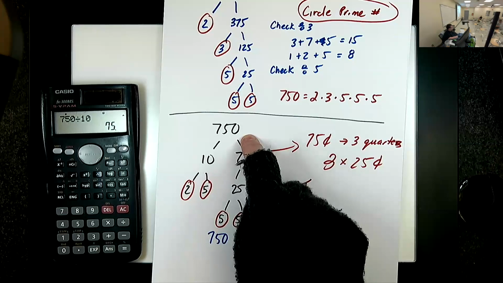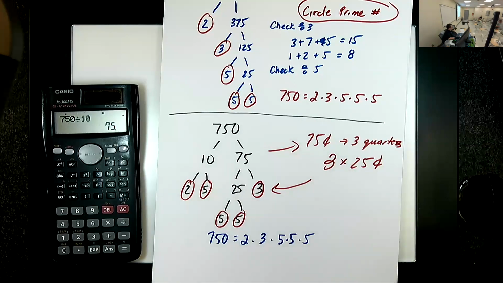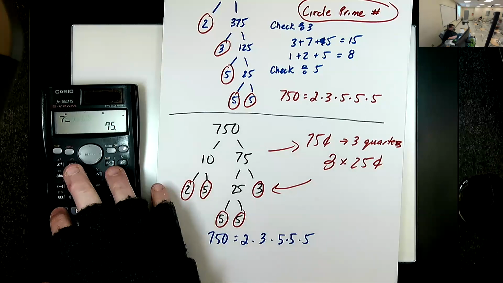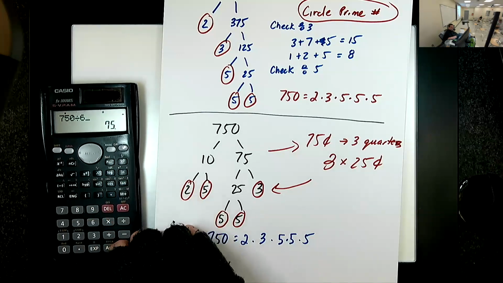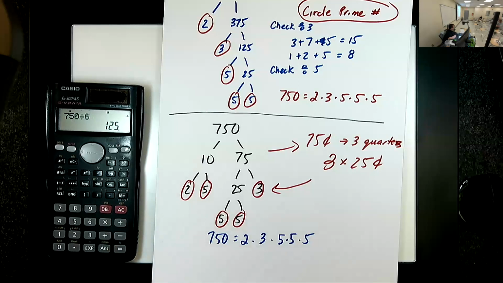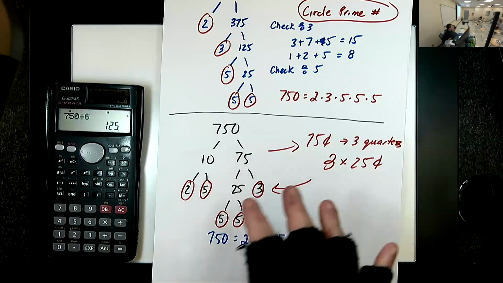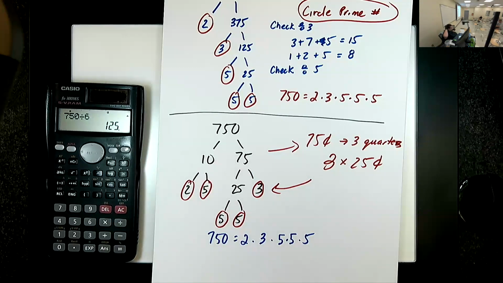I would never look at 750 and go, that's divisible by 6. Maybe someone in the class would, and they go, all right, okay, 750 divided by 6 is 125. And they could break it down to 6 and 125 and break those down. That's not me. I've never tried to break up $7.50 into 6 parts.